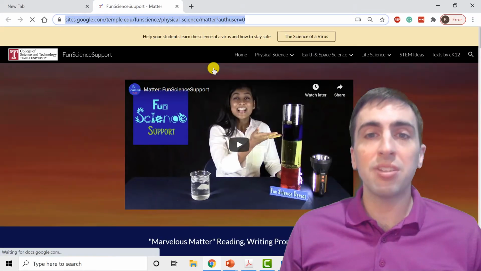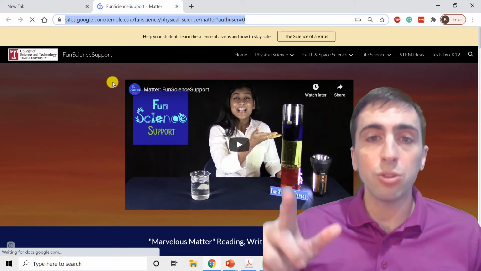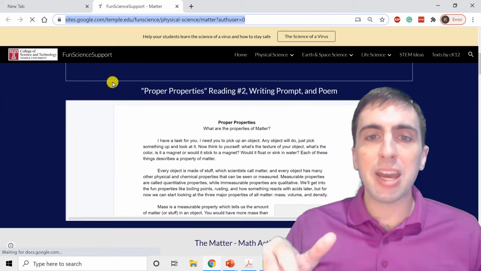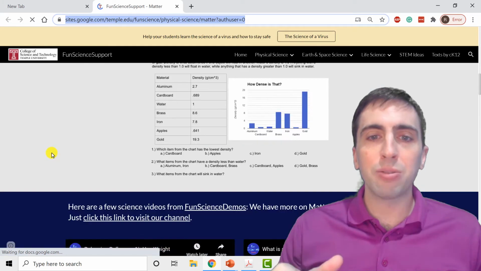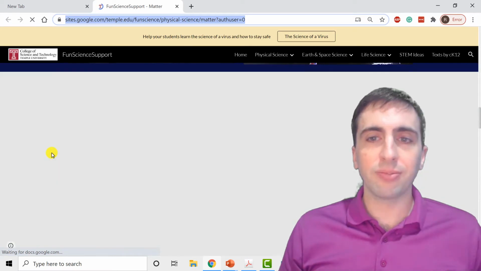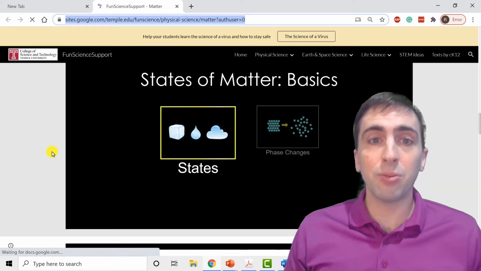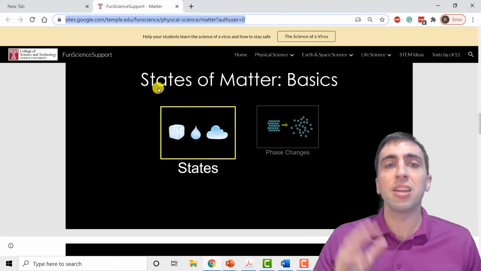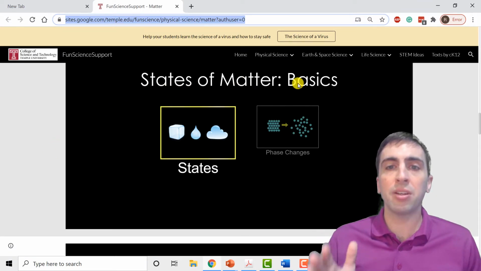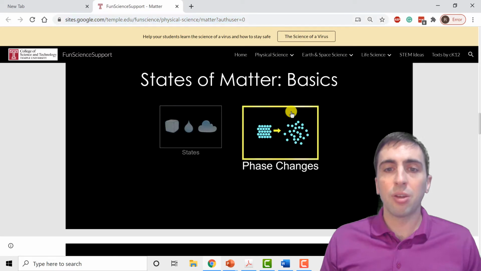Great, and it opens up this website. We want to go down, down, down some more. Okay, great, until we get to this. It says States of Matter Basics. We want to click on this. It says phase changes.